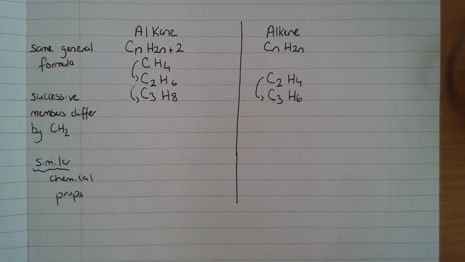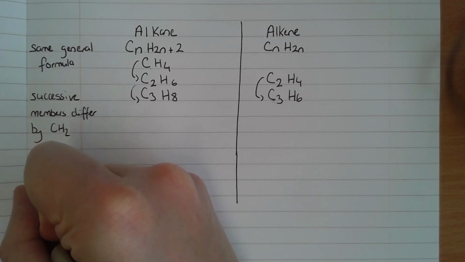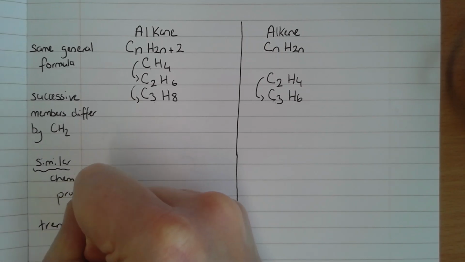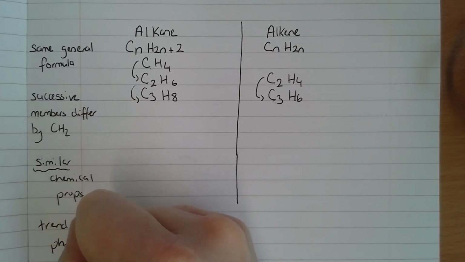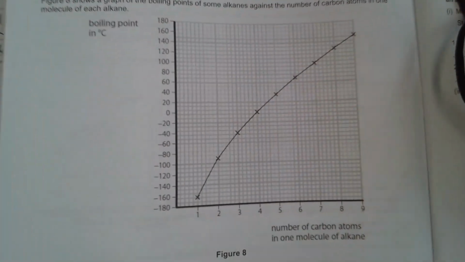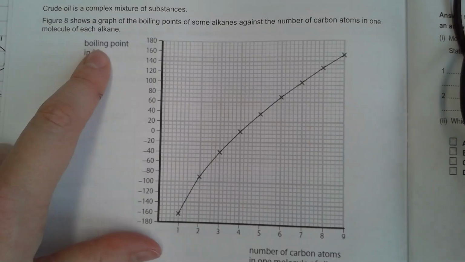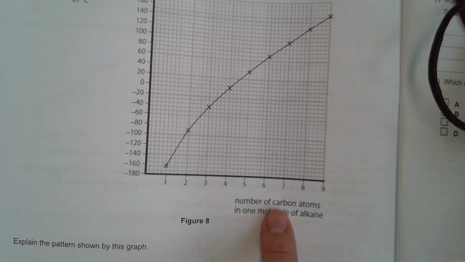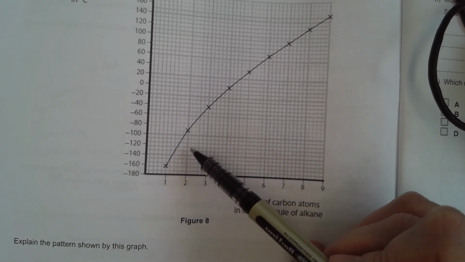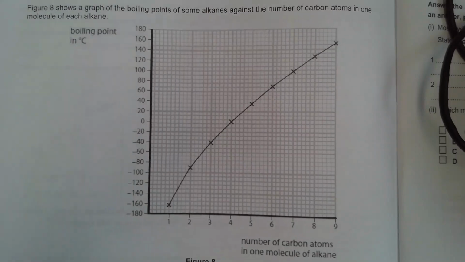The last thing that members of a family have in common is they show a trend in physical properties. Physical properties are things like melting point and boiling point. And by trend, you've got an exam question on it here. Boiling point would be a physical property, and the trend I see is that as the number of carbon atoms in the alkane increases, the boiling point gets higher.